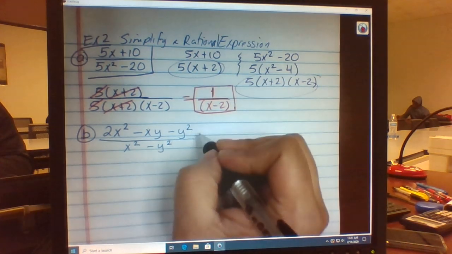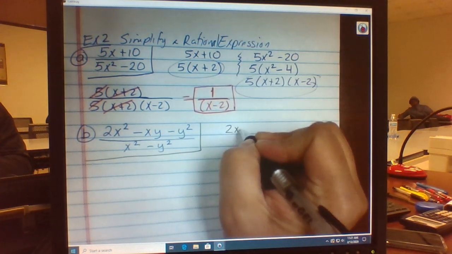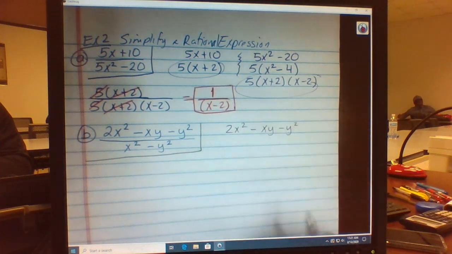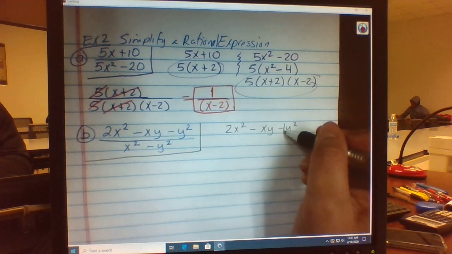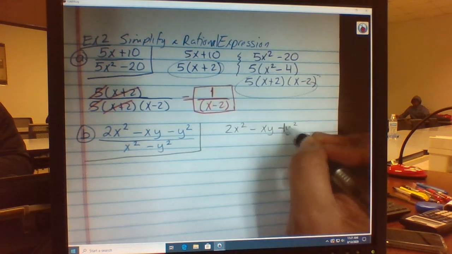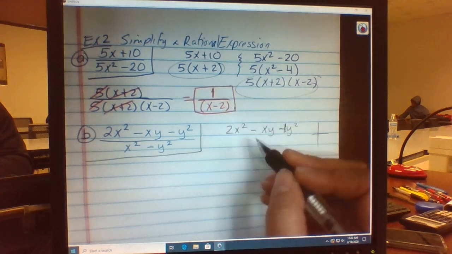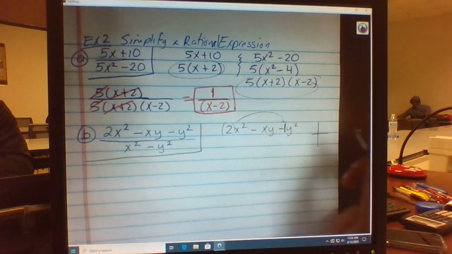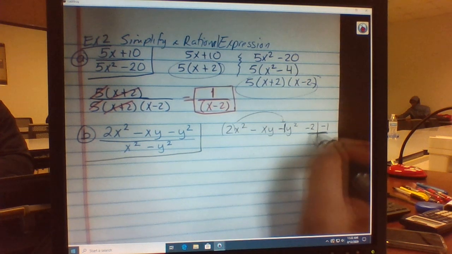So this is my problem, I'm going to box it. Let's take this problem here. Even though you see a y squared here, please understand there is a -1 there, right? I make a table. You have a number in the front because you can't factor it out. This number times this number gives you a -2, and this is a -1.